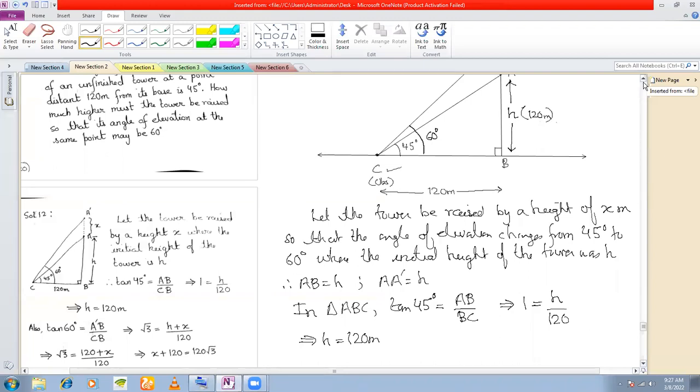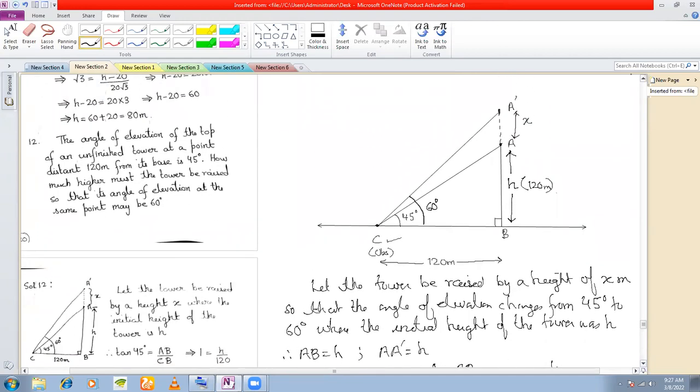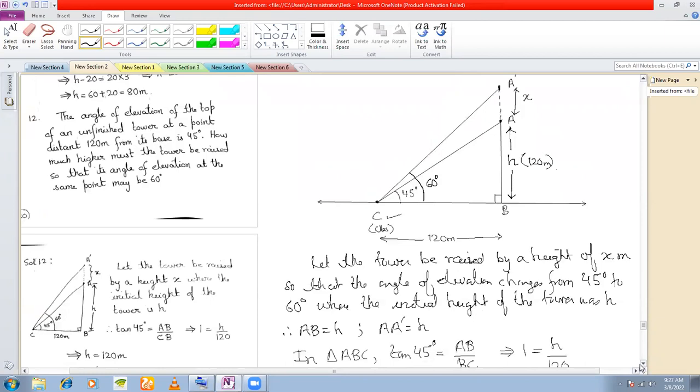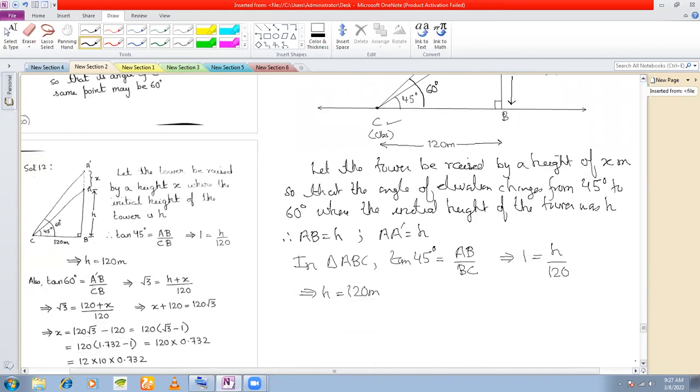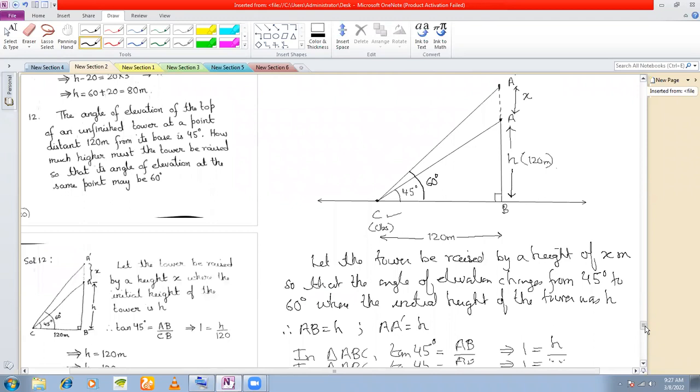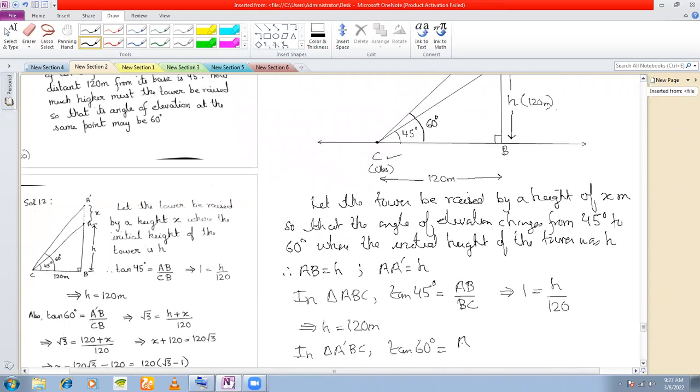Now we'll use the other triangle, which is triangle A dash BC. And what is the angle of elevation here? 60 degrees. In triangle A dash BC, tan 60 is equal to perpendicular, here A dash B, divided by base, here the same BC.